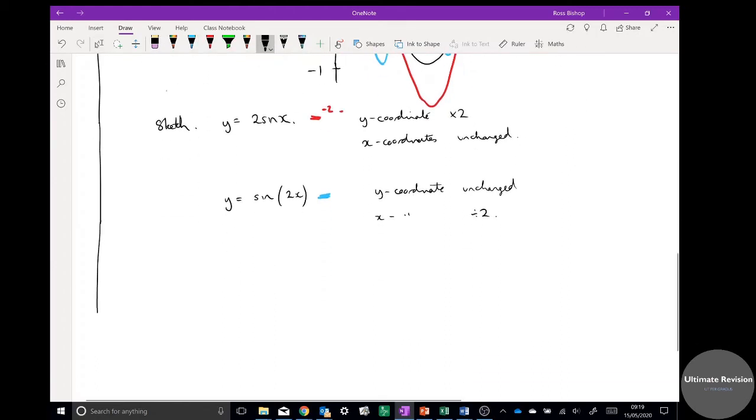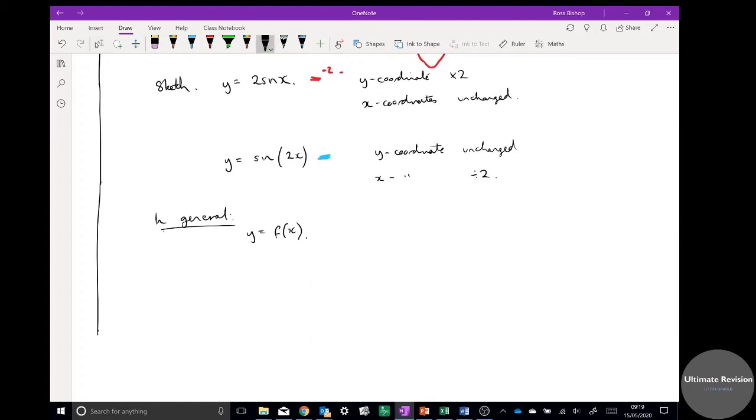Right, let's look at it in general then. So in general, if I have y equals f(x), again, some function of x, could be sin x, could be x squared, 3x squared, anything you want, then y equals a f(x). Well, what's this going to do to the graph? It's going to stretch it parallel to the y-axis by scale factor a.